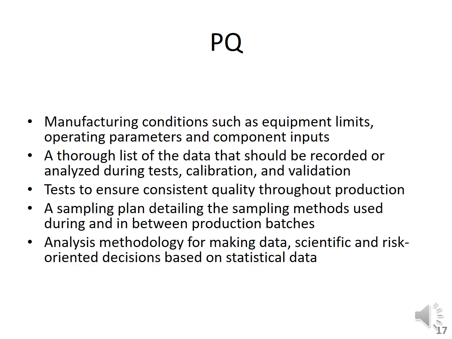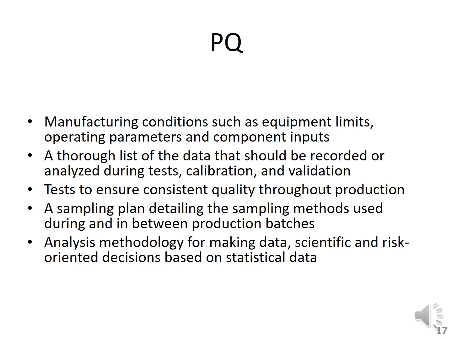Okay, tests to ensure consistent quality throughout the production. This is very important. One of the key factors while recording the performance qualification is the tests to ensure the consistent quality throughout the production.